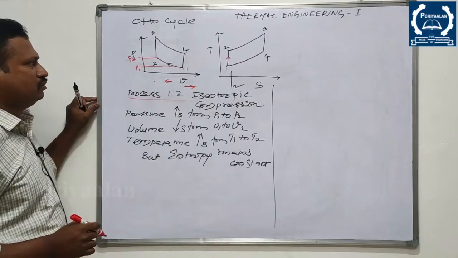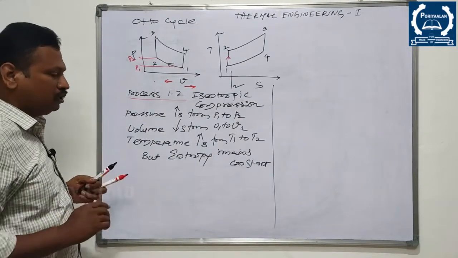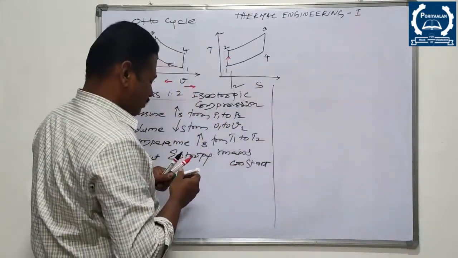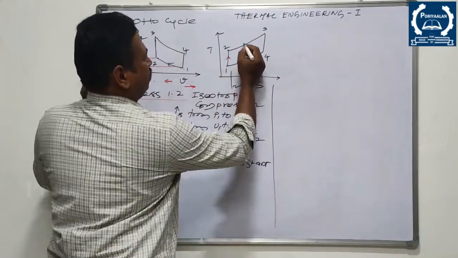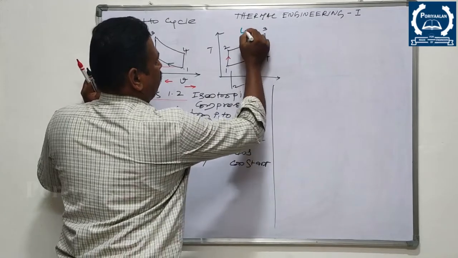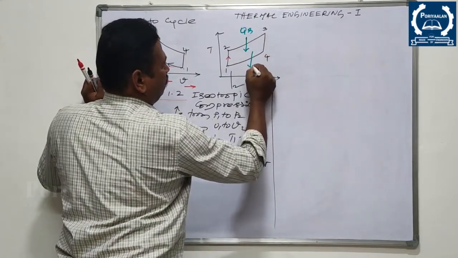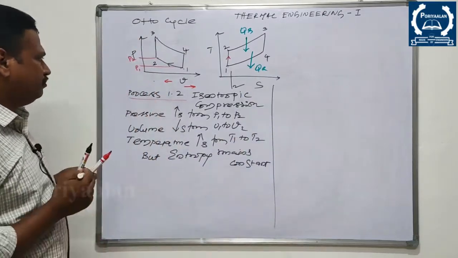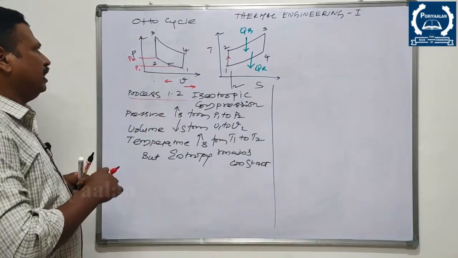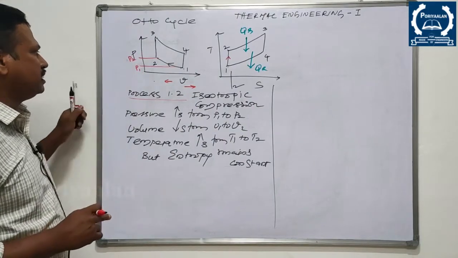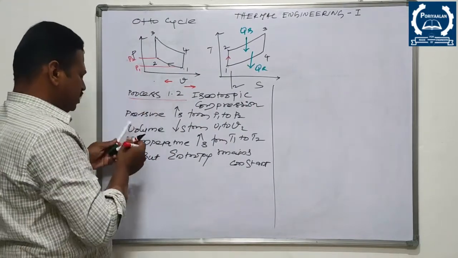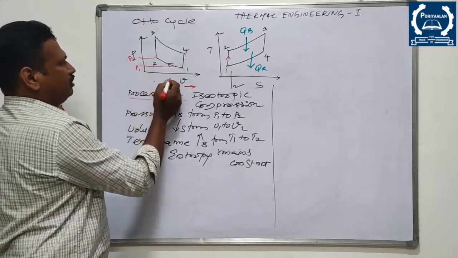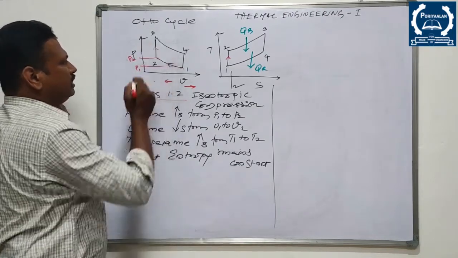Right? So coming to process 2 to 3. Let me start with the PV diagram. Process 2 to 3, you can see this place. It is a constant volume process, because there won't be any change in volume, but there is an increase in pressure.